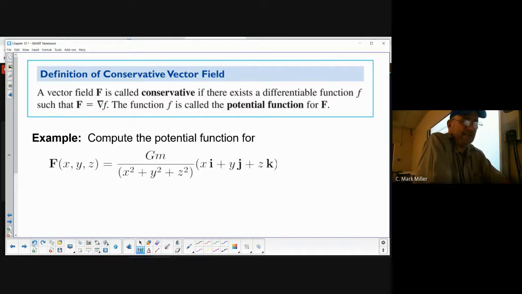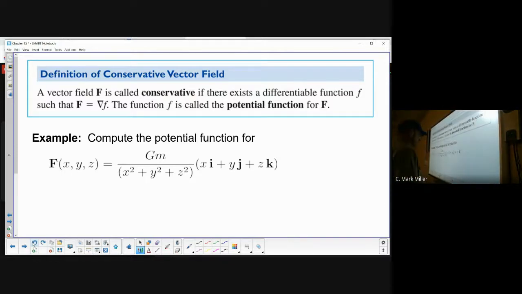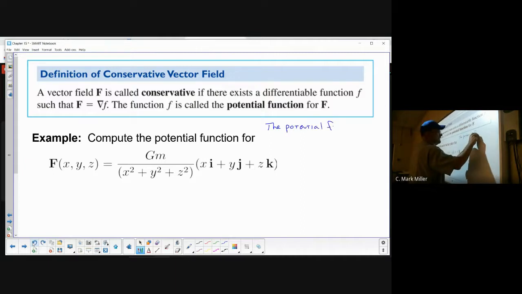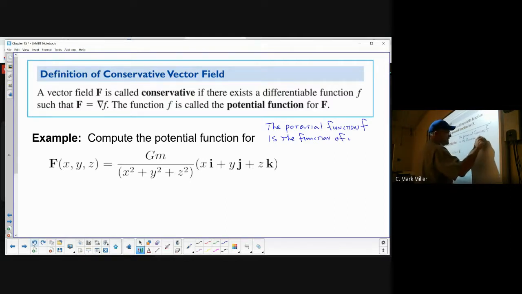The potential function, little f, is the function of which big F is the gradient.